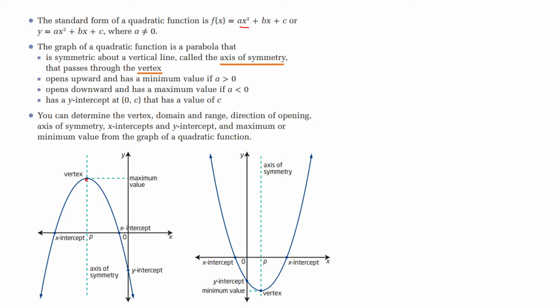And we have a point that is the vertex. It opens upward when a is greater than 0, and opens downward when a is smaller than 0. And we have the x-intercept and y-intercept, we have to decide the domain and range, direction of opening, and maximum value or minimum value.